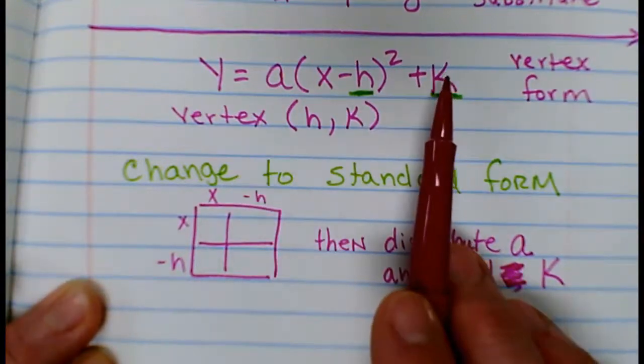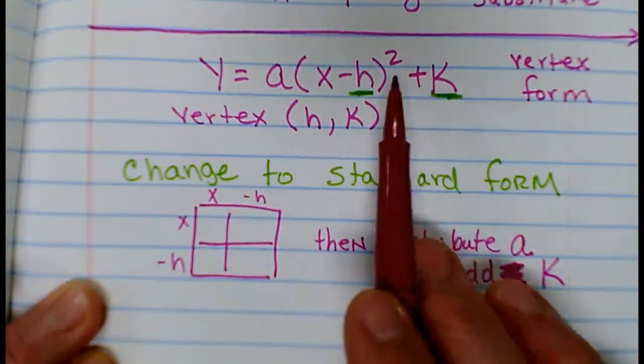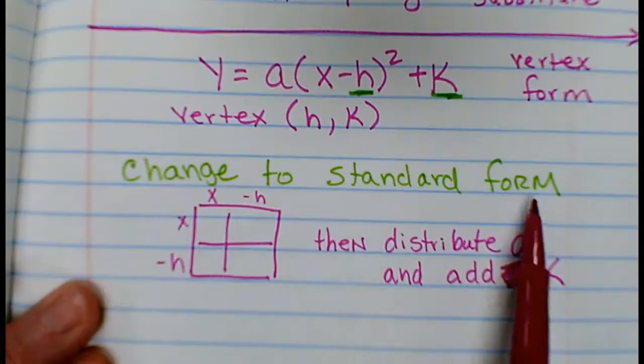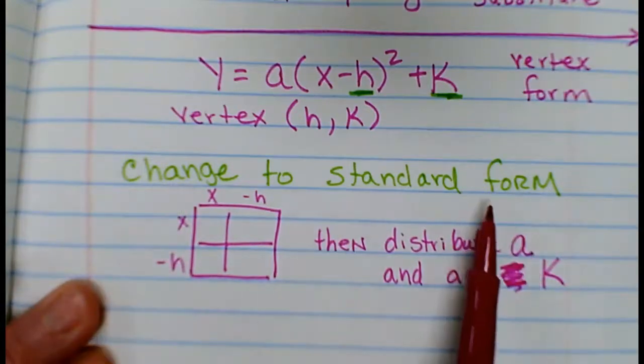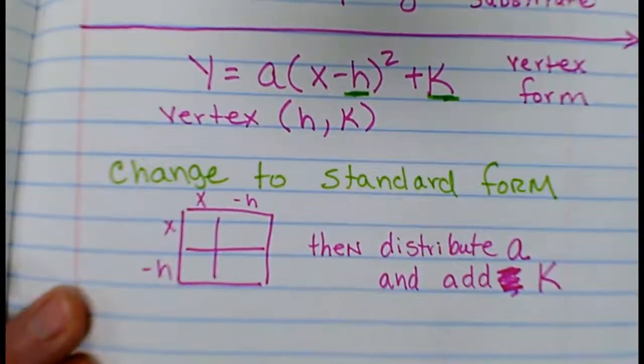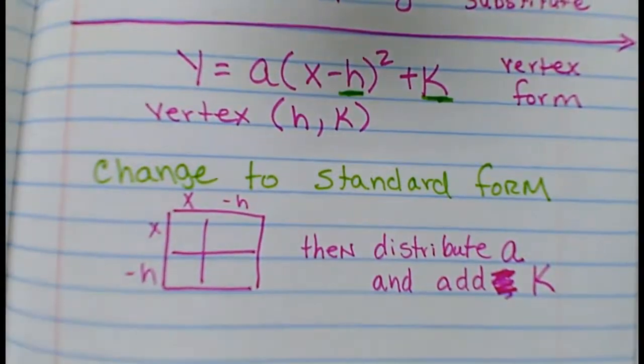Or some people forgot after they did the box problem and distributed, then they have to add that K number back in. And then if it's in standard form, then you factor it, just like we wrote up above, to get it into root form.